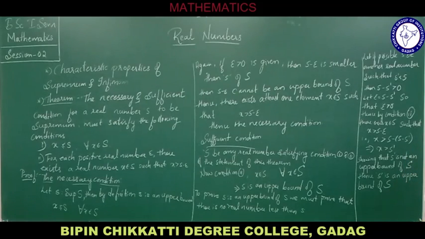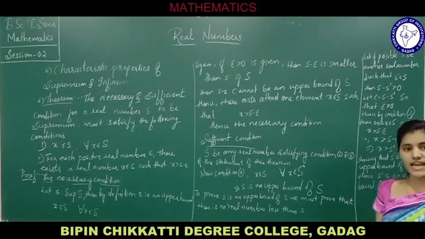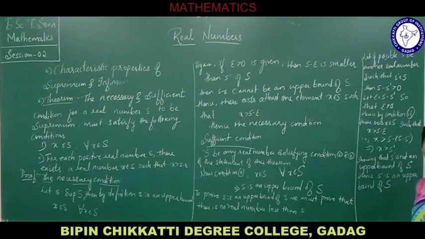If so, s minus s dash will be greater than 0. We consider that value as epsilon. We proved that x is greater than s minus epsilon, which is s dash. It shows that this s dash cannot be the upper bound of S. Since it cannot be the upper bound, we showed that s is the least upper bound.